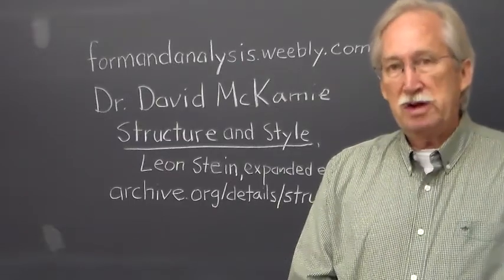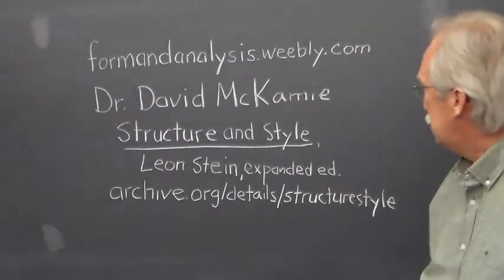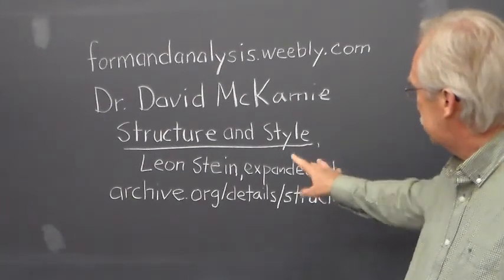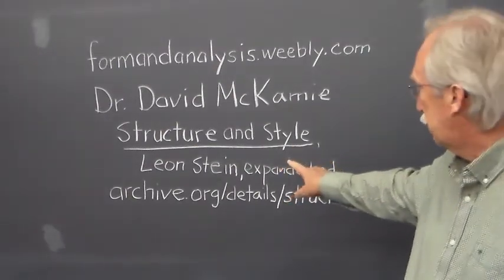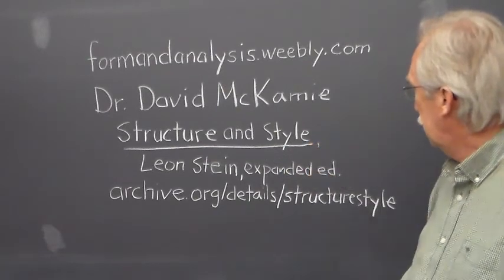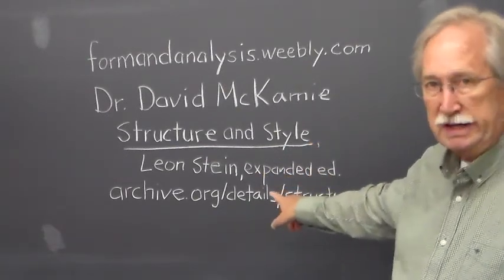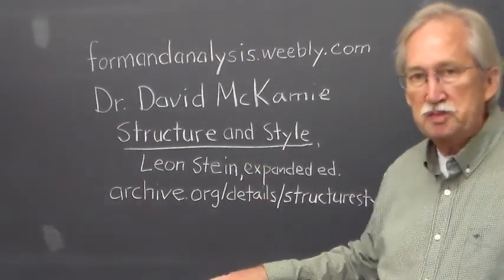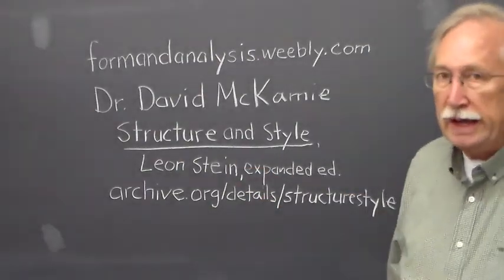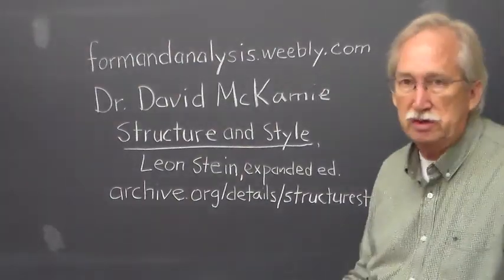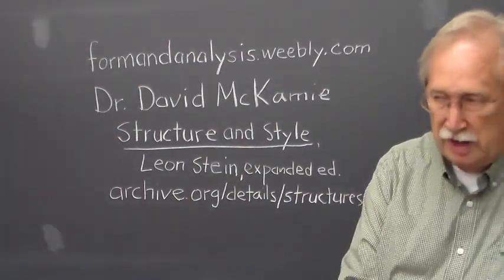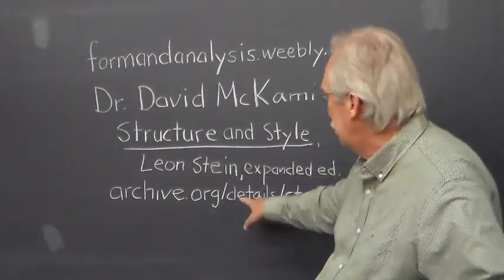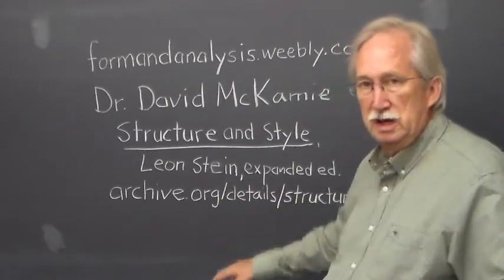But before we get into all that, I want to mention the textbook we'll be using, called Structure and Style. The author is Leon Stein. It's the expanded edition, and it's presently available online. If you do a Google search for Structure and Style, Leon Stein, this is the first that comes up.